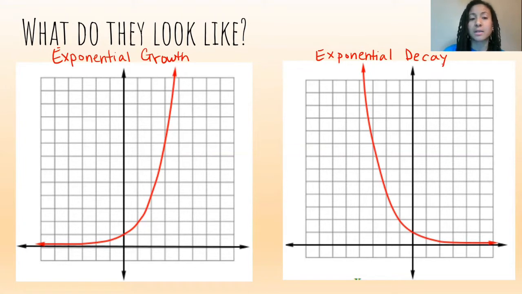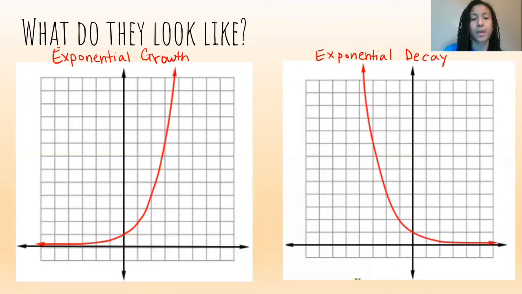So as we have exponential growth or decay, it never crosses the x-axis unless we're changing, which you'll learn in your next course, the shift in the graph. So this graph will never touch the x-axis unless we shift in the graph.